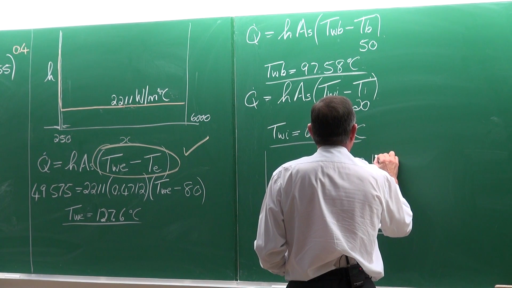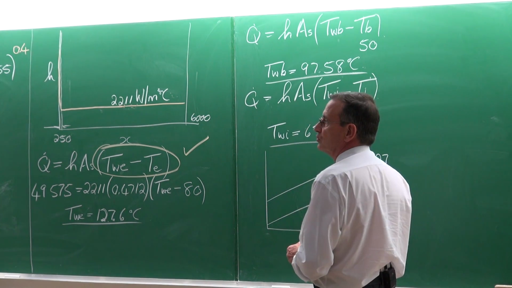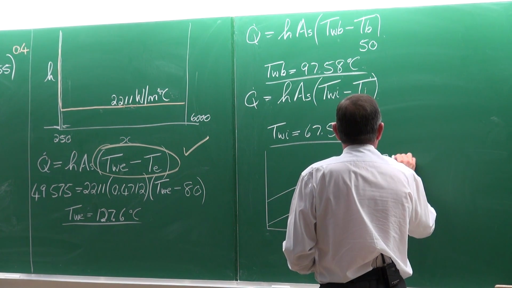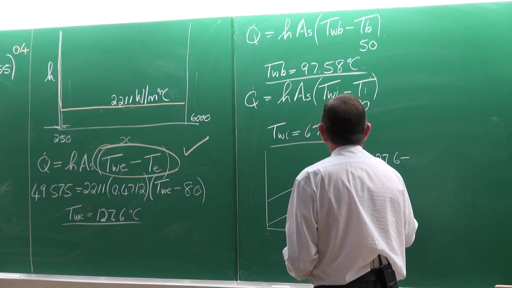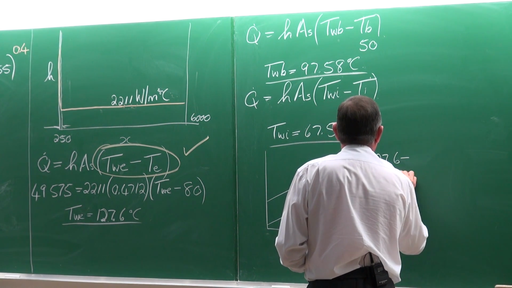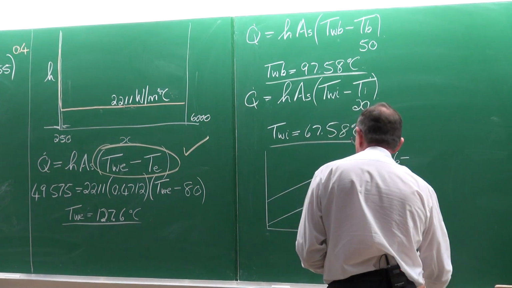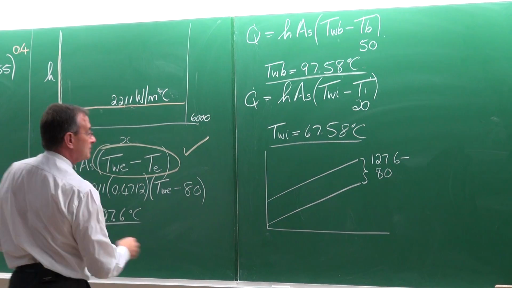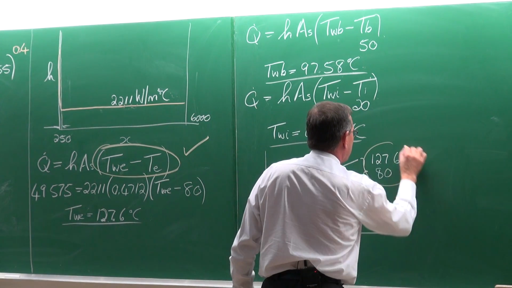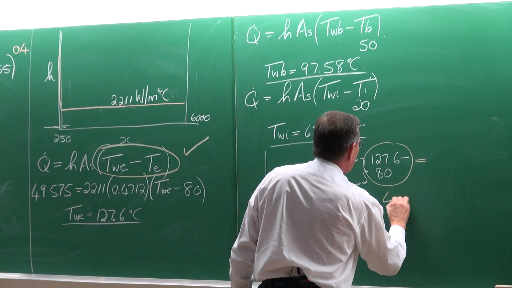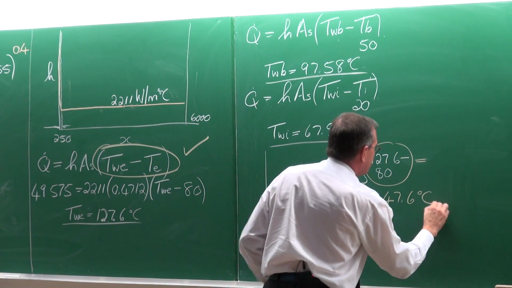So that temperature difference here would be equal to 127.6 minus 80, which is equal to 47.6 degrees Celsius.